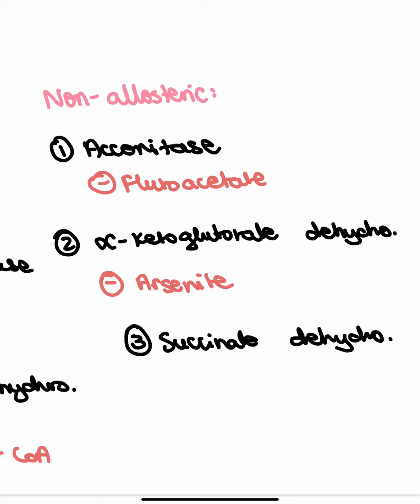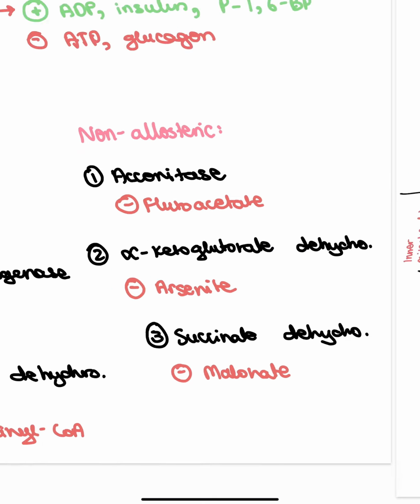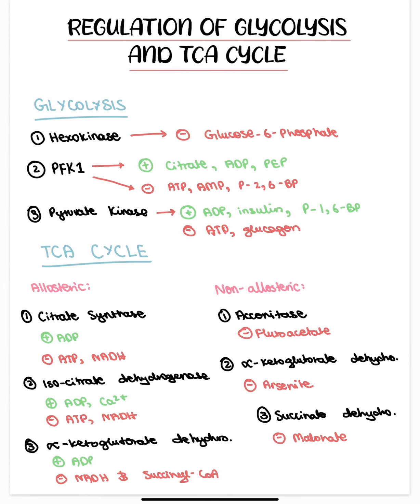Succinate dehydrogenase is inhibited by malonate. And these are all the inhibitors of glycolysis and the TCA cycle. Remembering that the TCA cycle has allosteric and non-allosteric inhibitors.